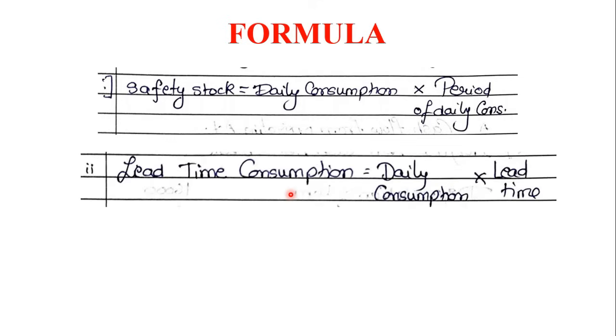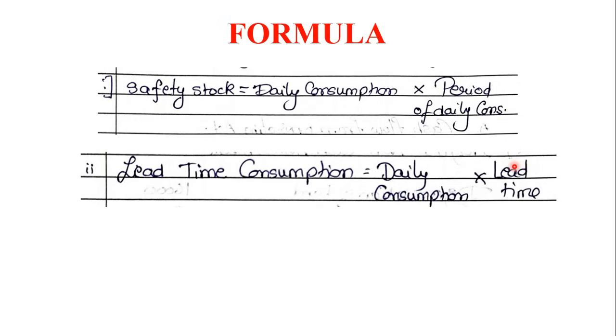Second, we need to find the lead time consumption. The formula is daily consumption into lead time. The daily consumption in the safety stock and in the lead time consumption remains the same. The period of lead time is also given in the question. So in your question, you are expected to get the daily consumption in units, the period of daily consumption and the lead time.